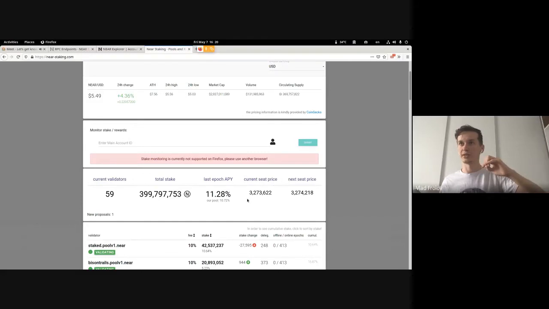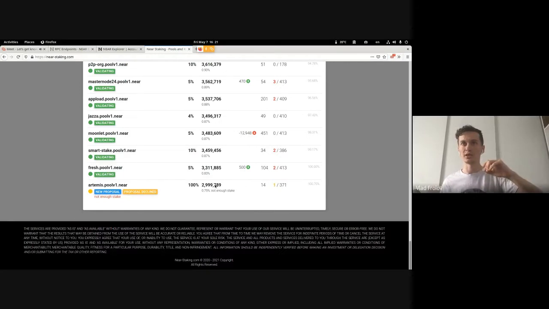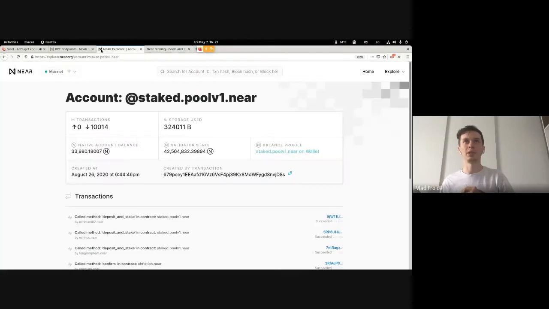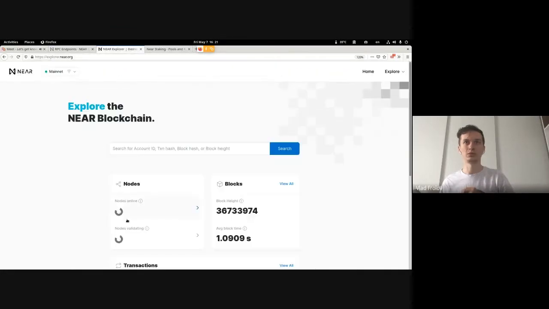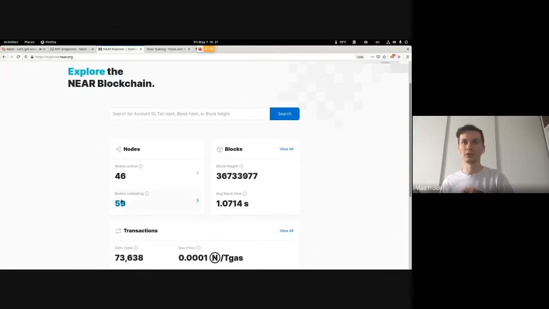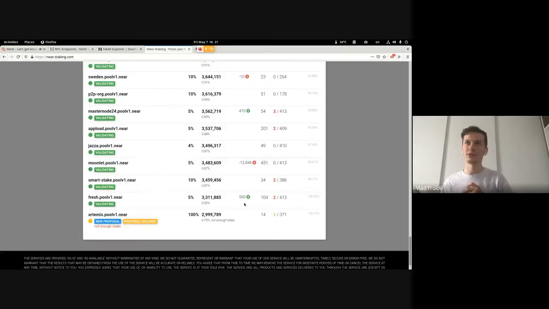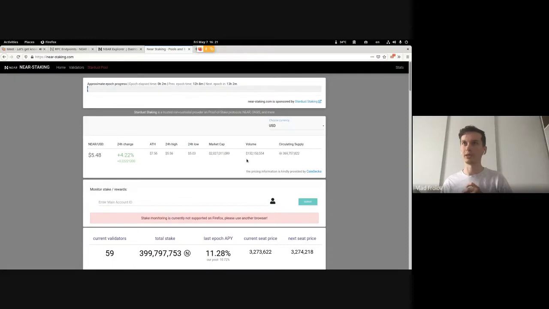So the current seat price is at 3.2 million Near tokens, and this is why this account is not part of the validating list, because it has less than 3 million Near tokens at stake. So getting back to Explorer, we can see there are 59 validators currently, which have more than 3.2 million at their stake account.